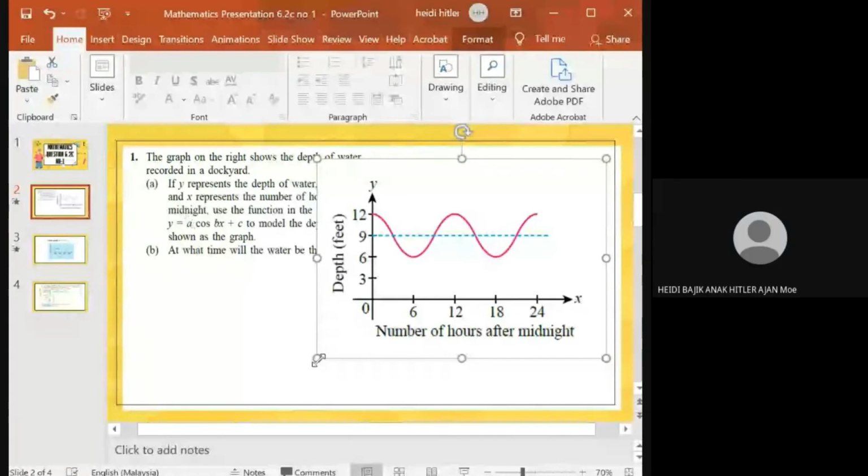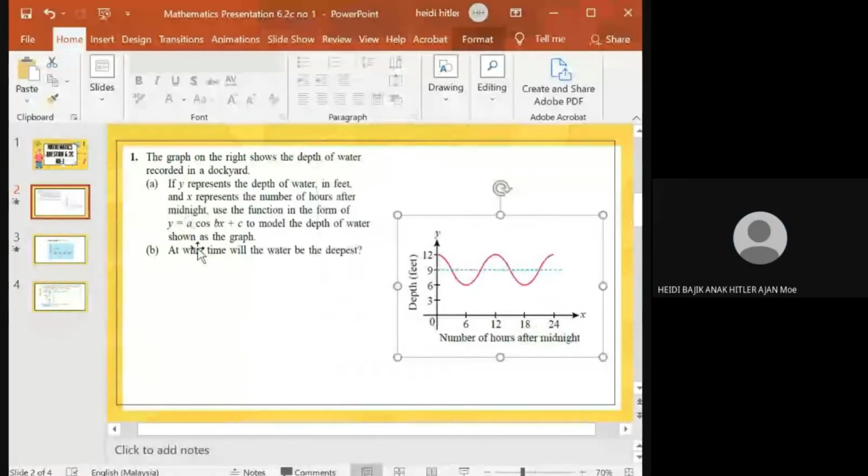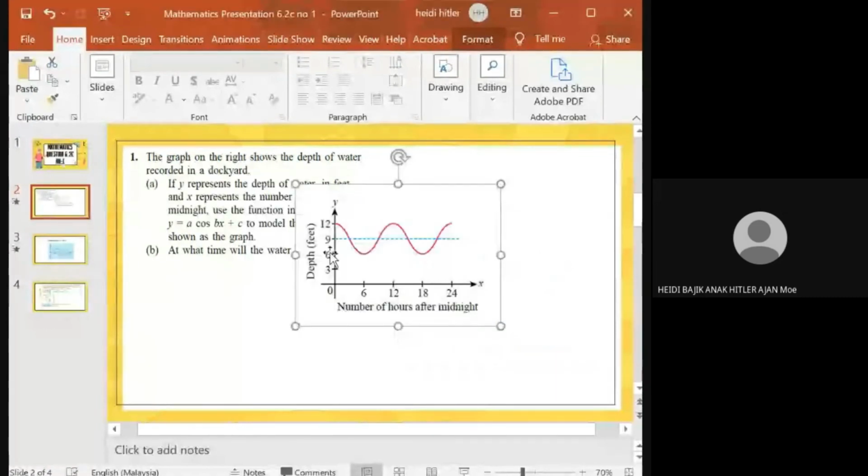At what time will the water be the deepest? Okay. So we really have to understand the graph. If you see the graph between 6 and 12, which one is the deepest? Of course, 12 is the deepest. This is the maximum value.